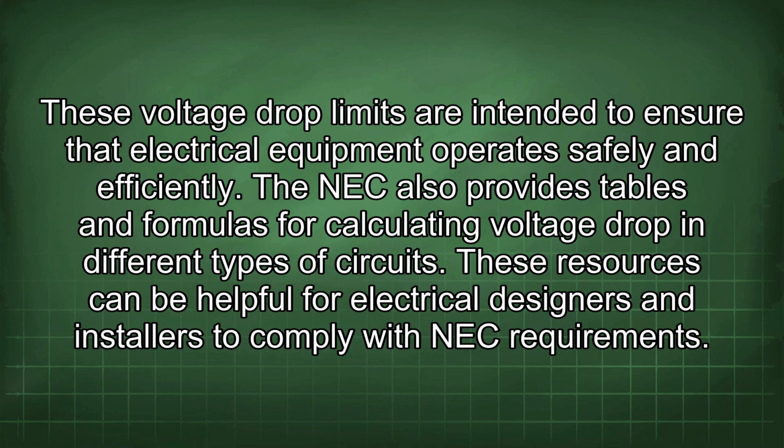These voltage drop limits are intended to ensure that electrical equipment operates safely and efficiently. The NEC also provides tables and formulas for calculating voltage drop in different types of circuits. These resources can be helpful for electrical designers and installers to comply with NEC requirements.